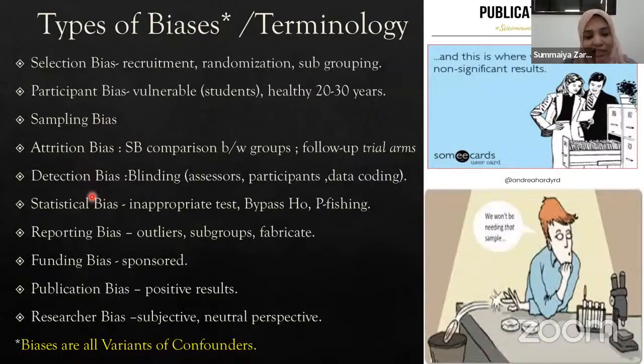Attrition and detection bias. So attrition is when you have trial arms, especially in a randomized controlled trial where you have 2 trial arms or 3 trial arms. Between groups, suppose there are 2 groups, one group you started in May 2020 and you finished data collection in December 2020, and you have to mention these things in the manuscript. Whereas the other group, the control group, maybe you started around May, but you did not finish by December.